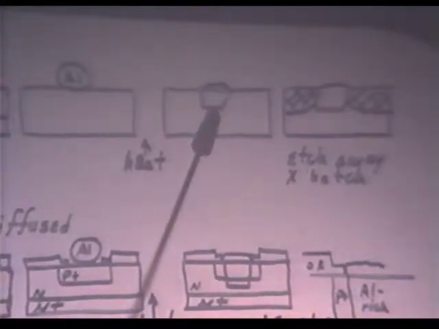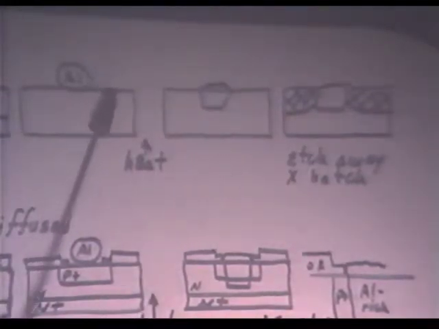Aluminum, it can be a sphere, as I've shown. A little rod, you can evaporate on aluminum any number of ways. At any rate, you need a source of aluminum. You run it through the oven, and it alloys with the silicon. 800 degrees C, 900, somewhere in that vicinity. It forms a junction, aluminum giving you p-type.